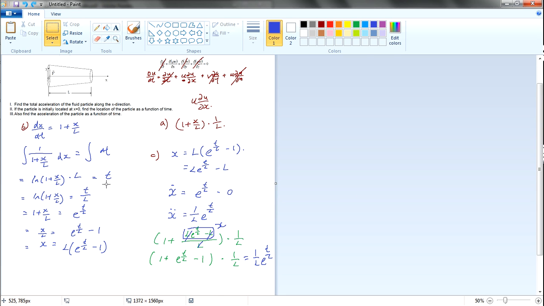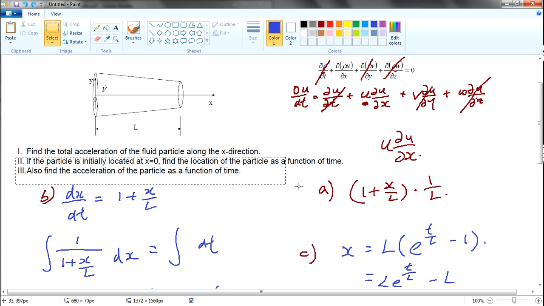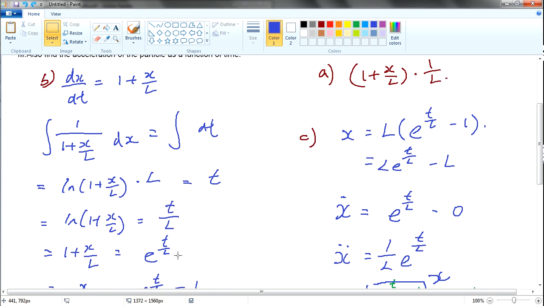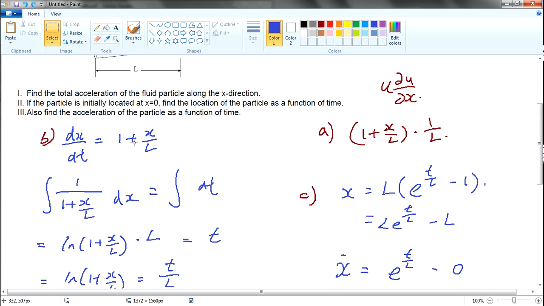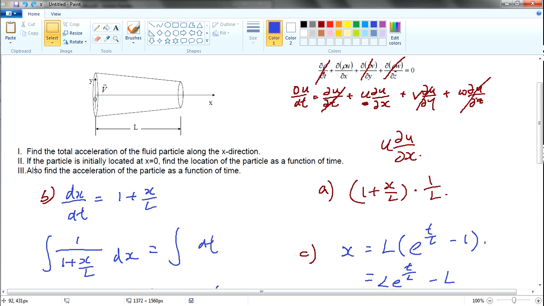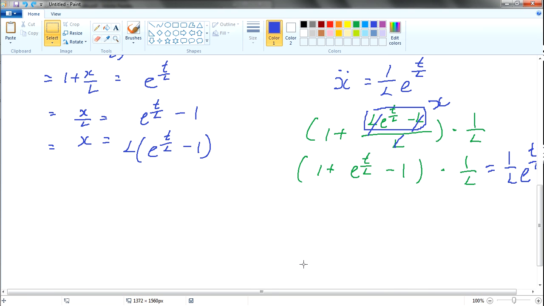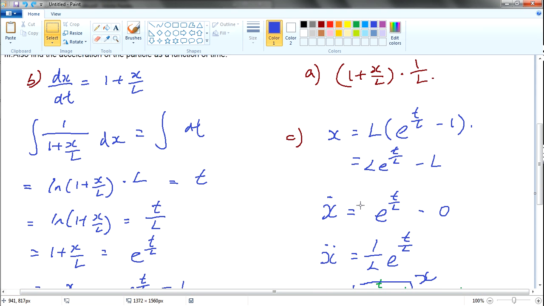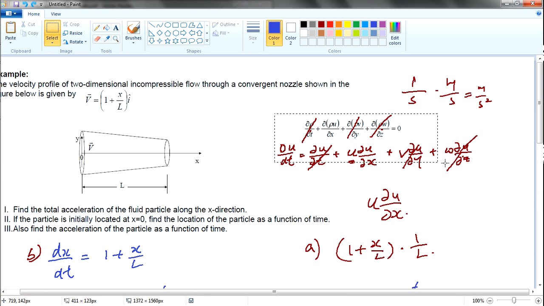You can also straight away calculate the x position first, and then differentiate 2 times to get the acceleration of the particle at a certain position. I'll confirm with you again how this comes about.